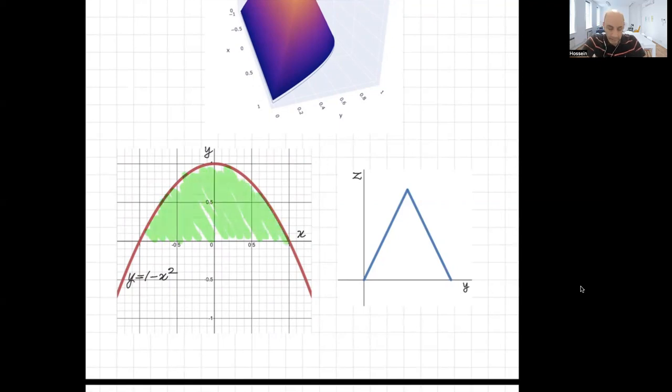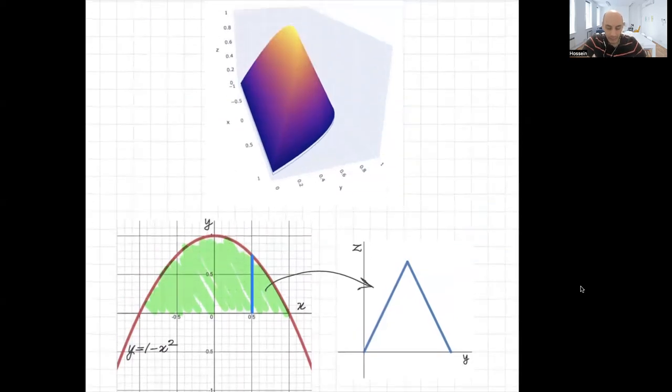And then for the cross sections, for example, if we cut the cross section here, that cross section is going to look like this triangle on the right side. So let's go ahead and find the volume of this solid.